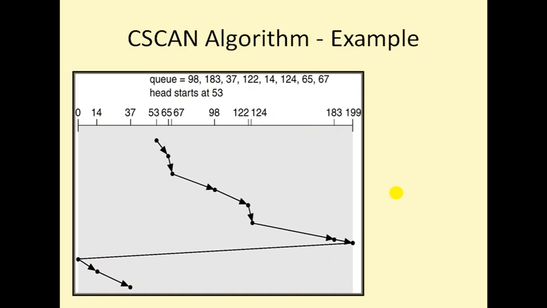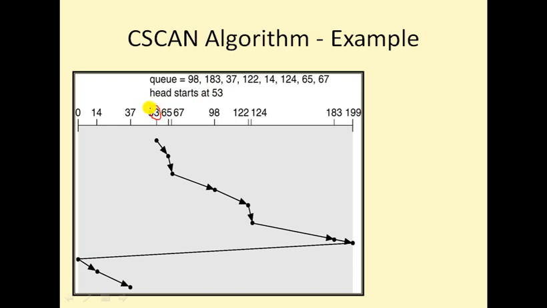So this is my example. In this example, the head starts at position 53. The direction given is towards the high values, the maximum values. Now we will see. The head position is at 53.